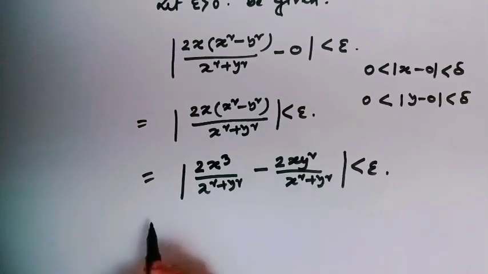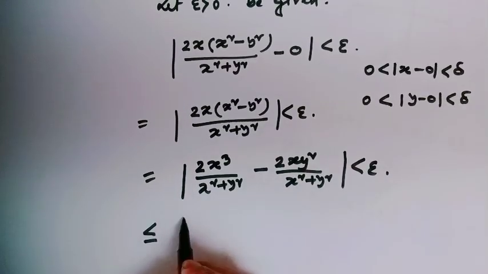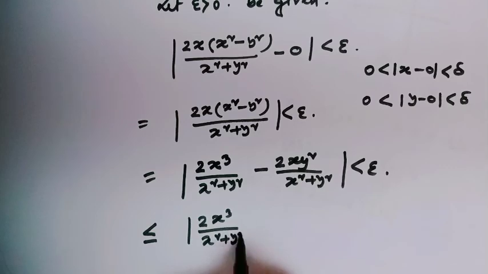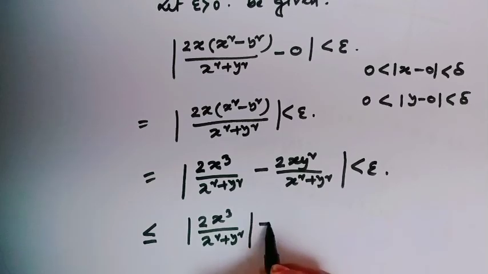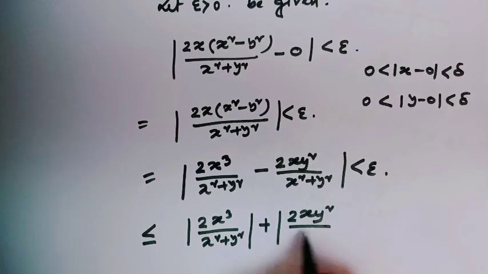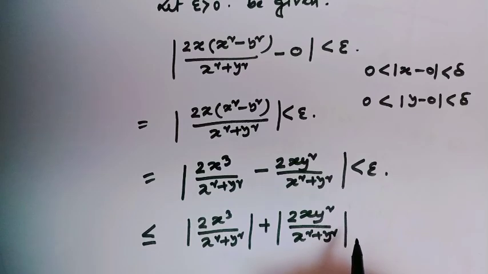Since here we have the modulus, we can easily write 2x cube over x square plus y square plus 2xy square over x square plus y square. Okay?